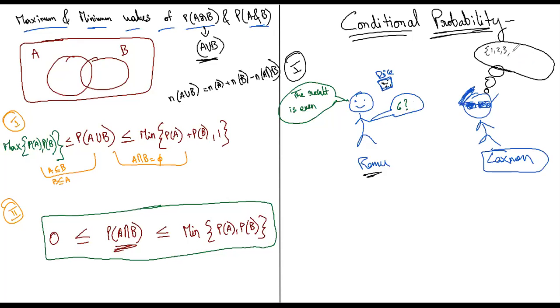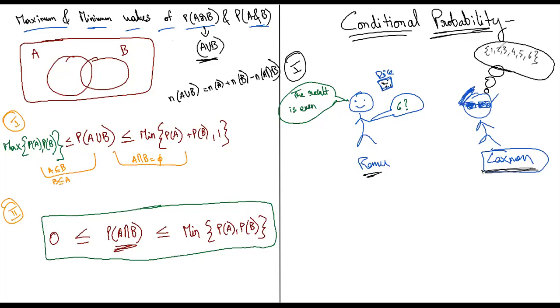The dice still has 6 numbers, 1, 2, 3, 4, 5 and 6. Now Ramu is asking what is the probability of 6? What is the chance that he got a 6 after throwing the dice? What changes will you make in your thought? The sample space will change.